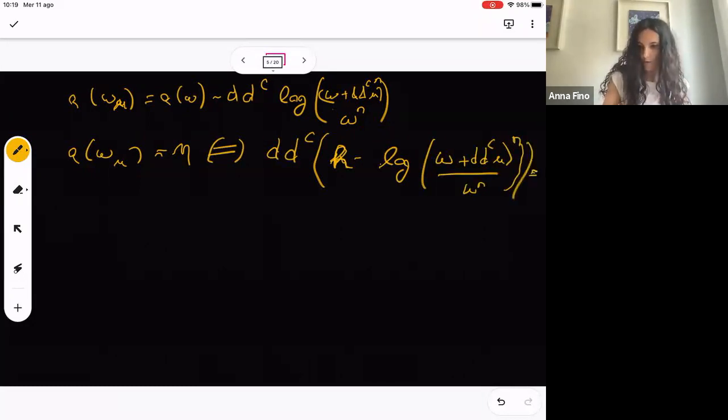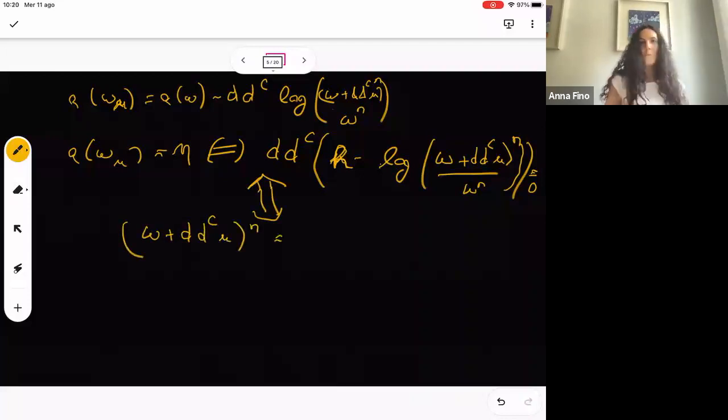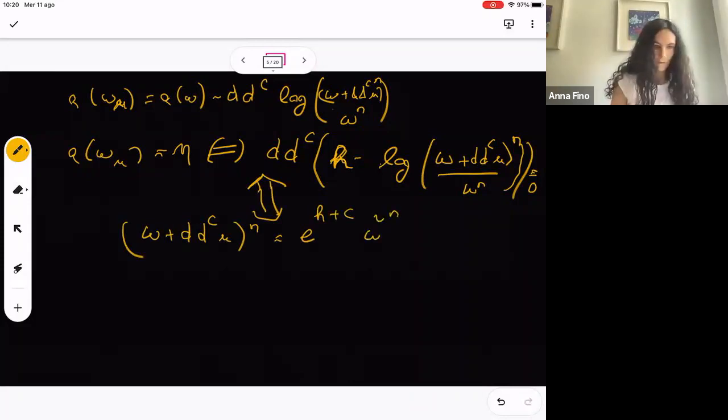That's the equation that you get. So the problem is exactly equivalent to omega plus dd^c u to the power n equal to e^h plus a constant times omega n. You see that you formulate the problem in terms of volume.